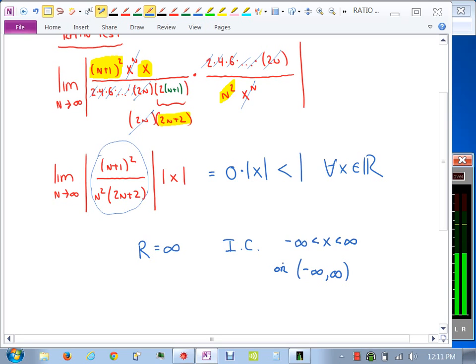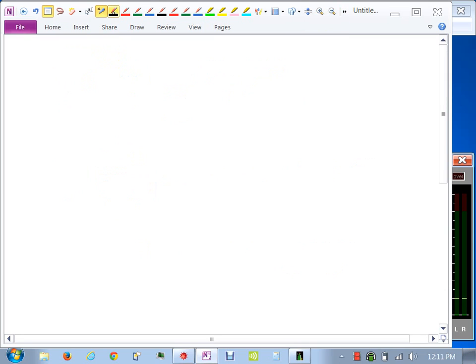So let's look at the next example. Find the radius of convergence and the interval of convergence of the sum from n equals 1 to infinity of n factorial times (x minus 3) to the n.